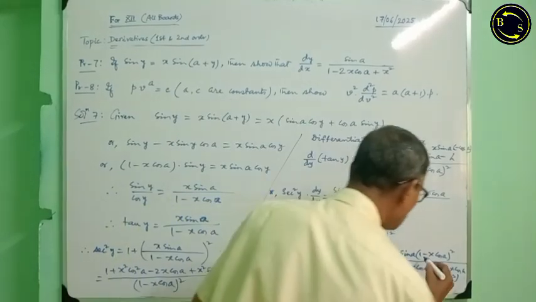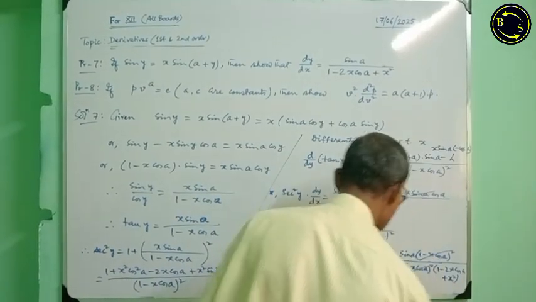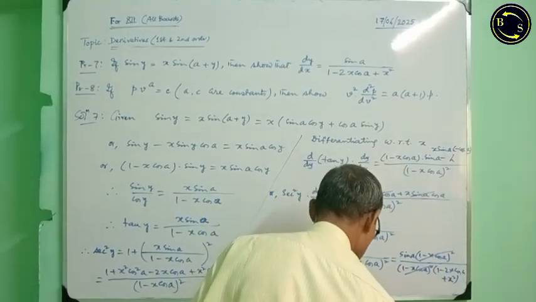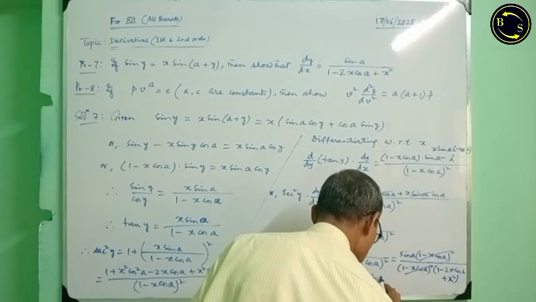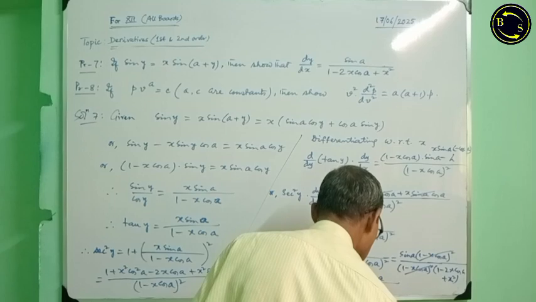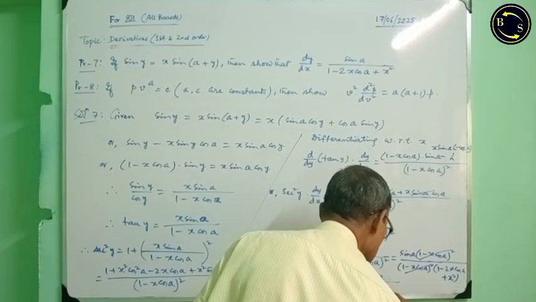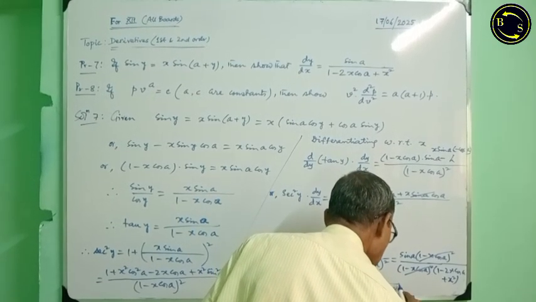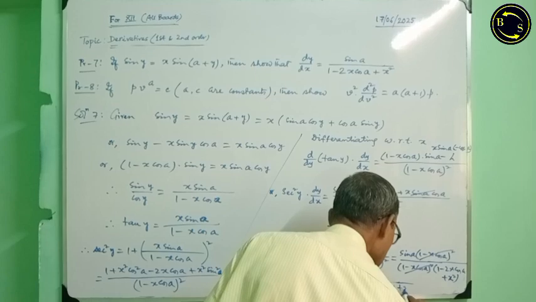Now these two are cancelled. Finally, sin a by 1 minus 2x cos a plus x square.